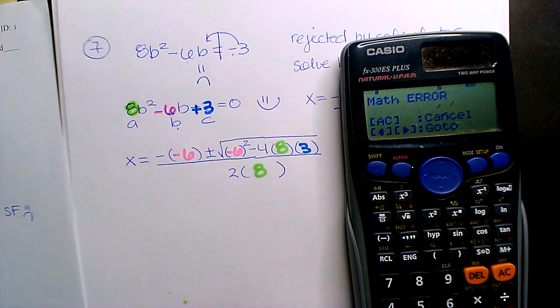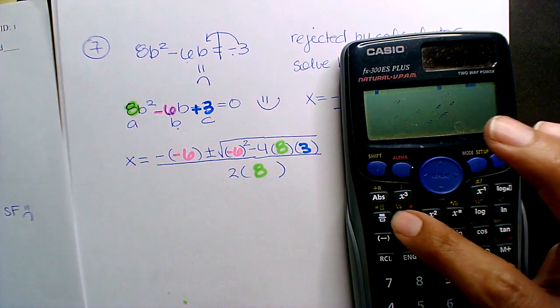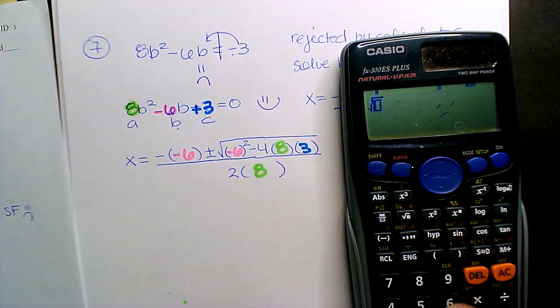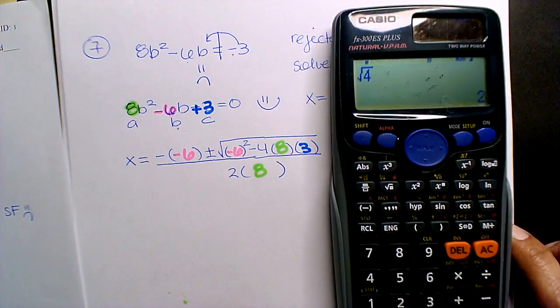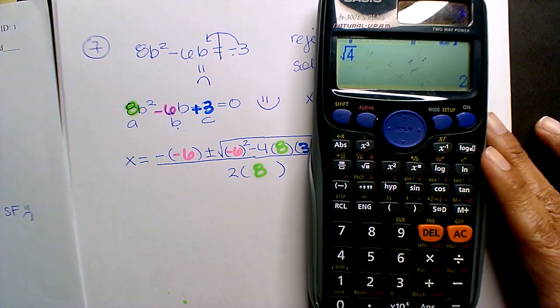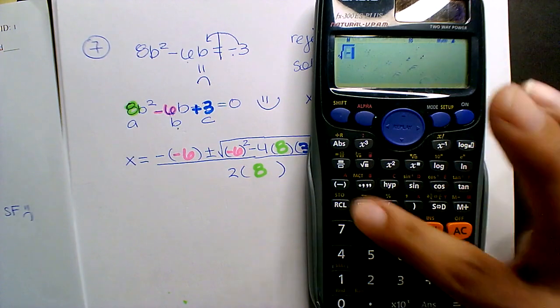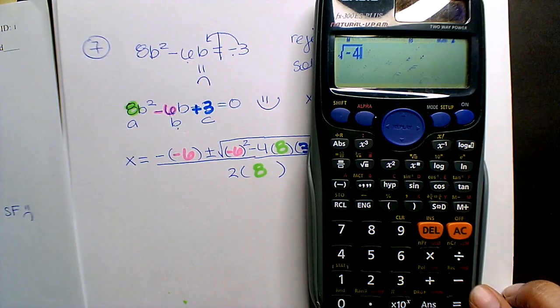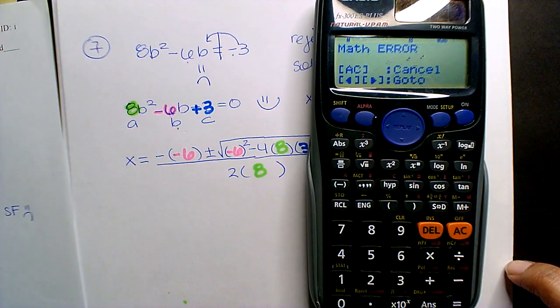This calculator has boundaries, and one of those boundaries is this. What's the square root of 4? 2. And see how I get a 2? It looks pretty. But what's the square root of -4? Error.